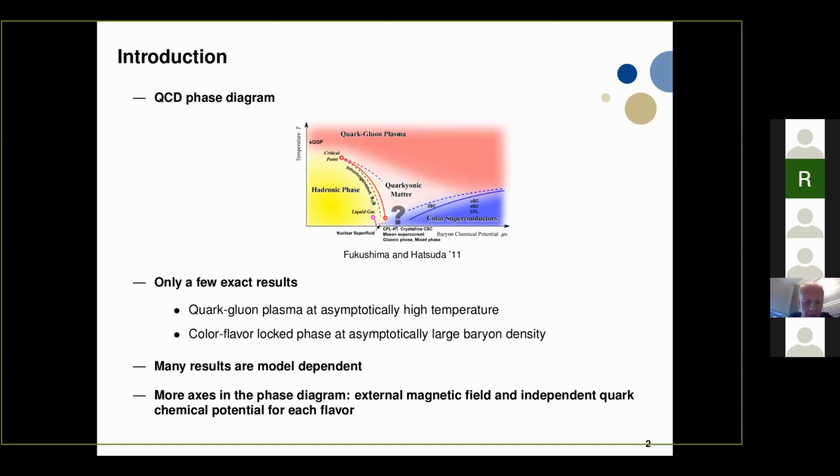That's one way of adding complexity to the phase diagram. You can also, instead of just having one common chemical potential for all the quarks, have one for each flavor, and that's what makes it more complicated, but also more interesting.